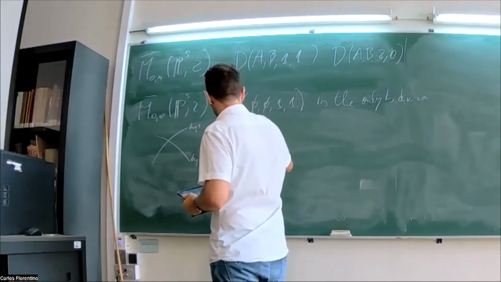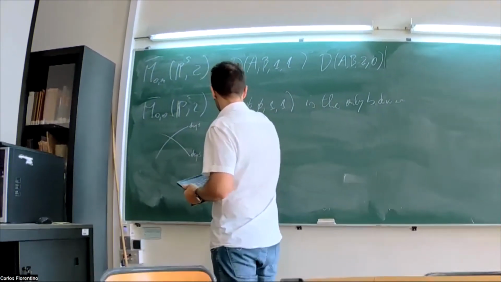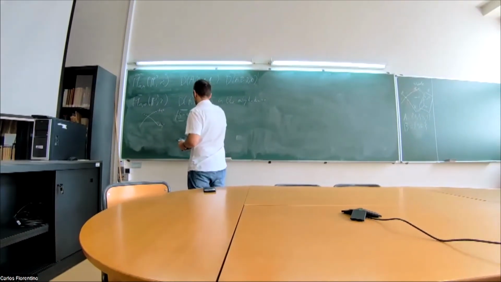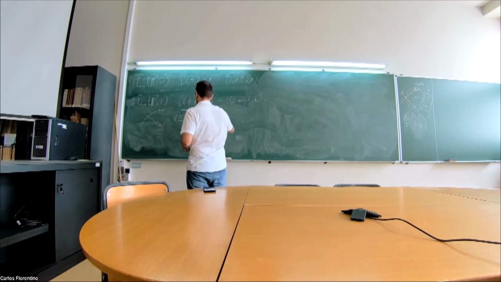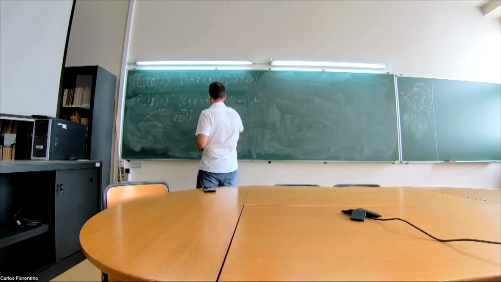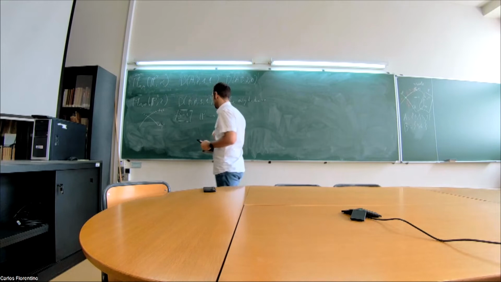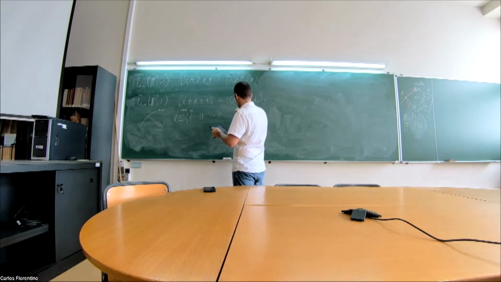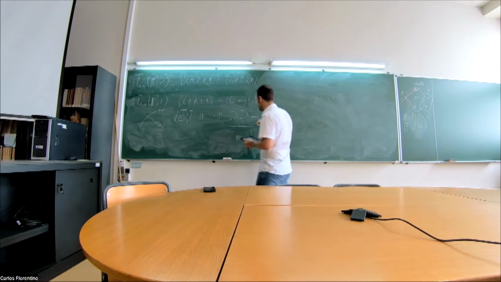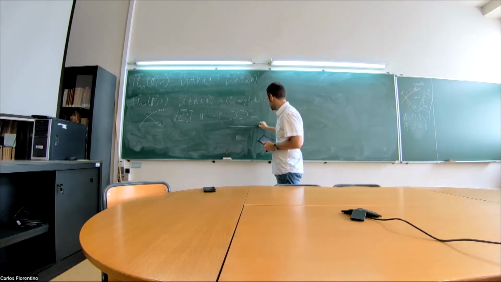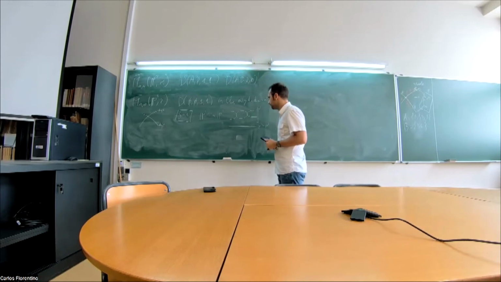What happens if S is equal to 1? It parameterizes stable maps from P1 to P1 of degree 2, so 2 to 1. This is the type of maps, because this is our PS, and this is the domain.